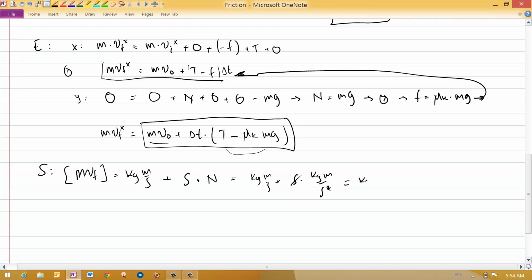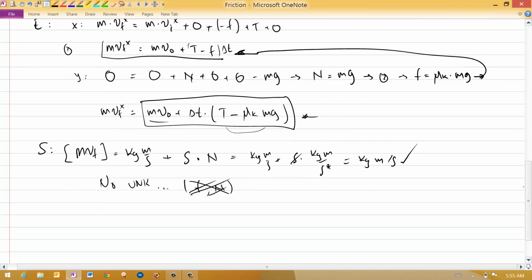I get kilogram meters per second. I've got the right units. And there are no unknowns left in the answer. If I had, say, the friction force or the normal force still in the answer, that would not work out, because those aren't given in the problem. The only things in this box are in the knowns list at the beginning of the problem.